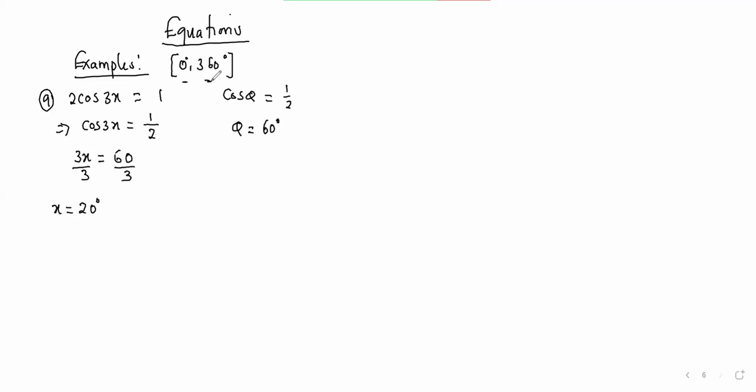So if you look at the quadrant, these are 60 in the first quadrant, where cos is positive. Now cos is also positive in the fourth quadrant.